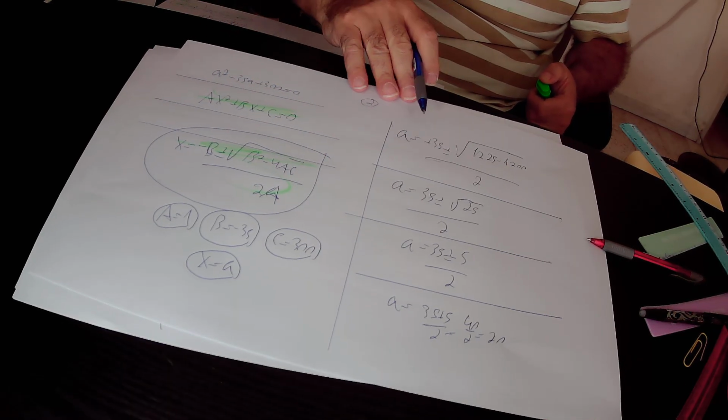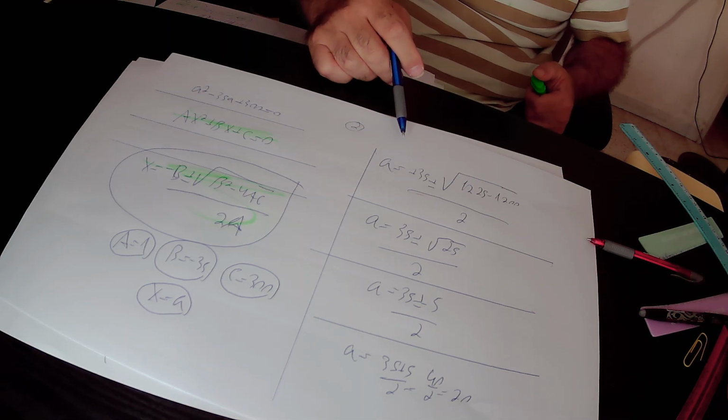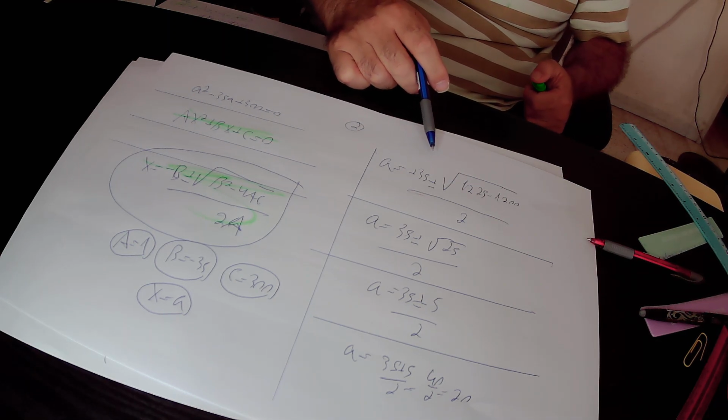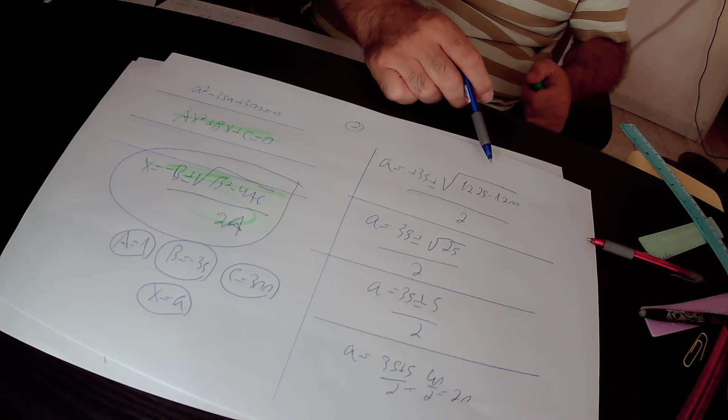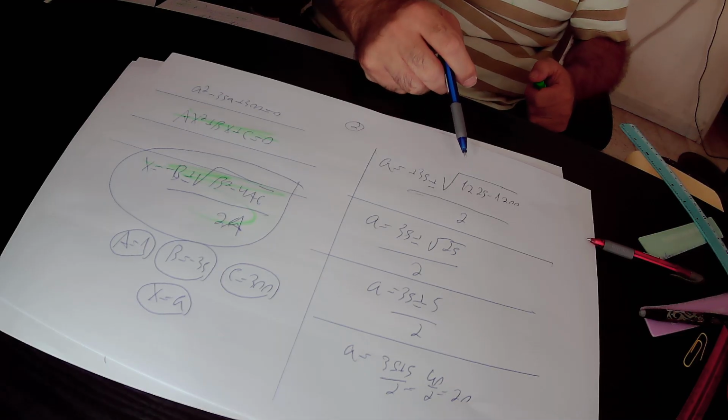So in total a equals 35 plus or minus the square root of 1225 minus 1200, over 2. 1225 minus 1200 is 25, so inside the root we are left with only 25.